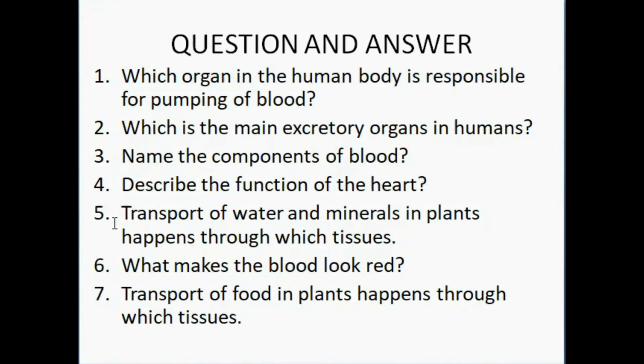And 5. Transport of water and minerals in plants happens through which tissue? The answer is xylem. And question number 6, you do it by yourself. And question number 7, transport of food in plants happens through which tissue? Phloem. Thank you.